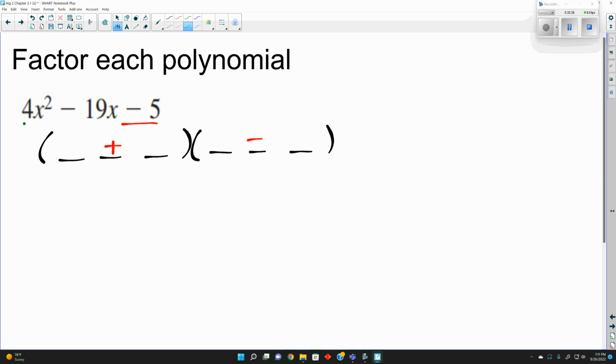Now we look at the factors of the first and third term. Well, 4x squared, we know we're going to have what? X and x with the x squared, yes? Variables in the first term spot, so the first set will have x and x. Or 2x and 2x.